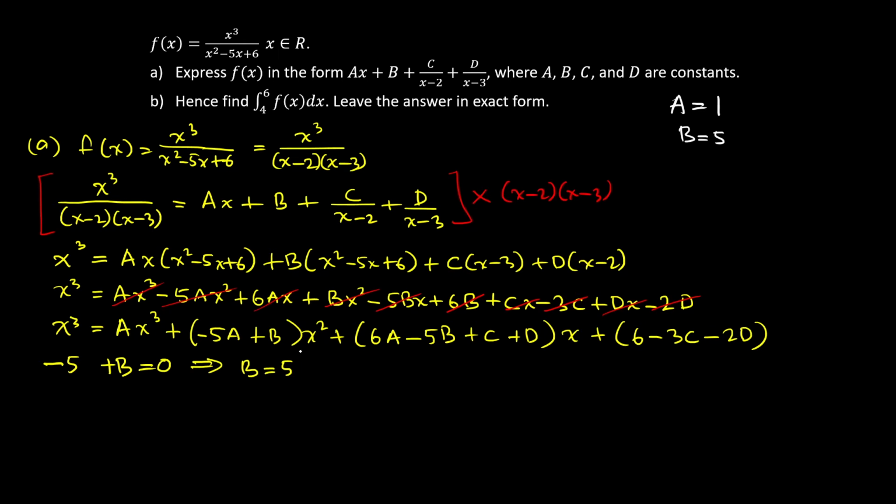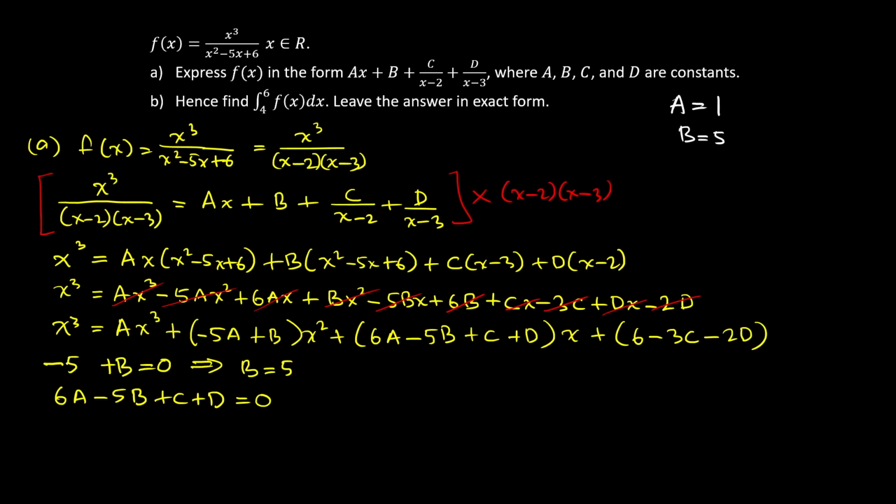Okay, next. Let's take a look at the coefficient of x here, which is 6a minus 5b plus c plus d. That should also equal 0, because on the left side there is no term containing x only.